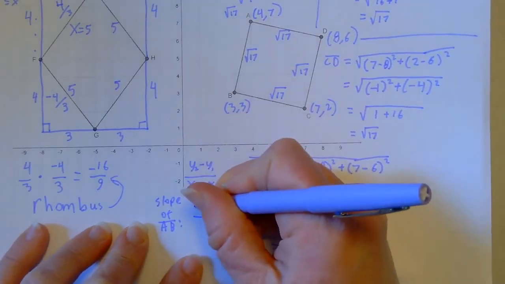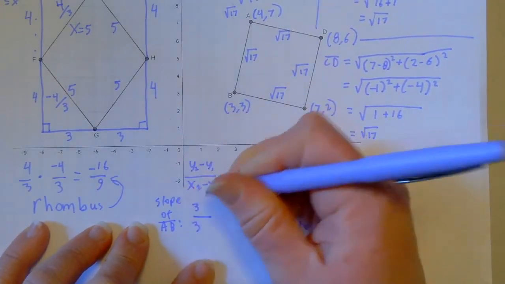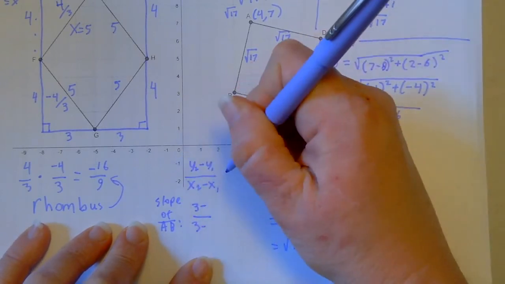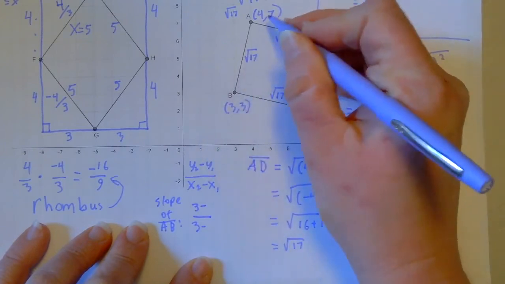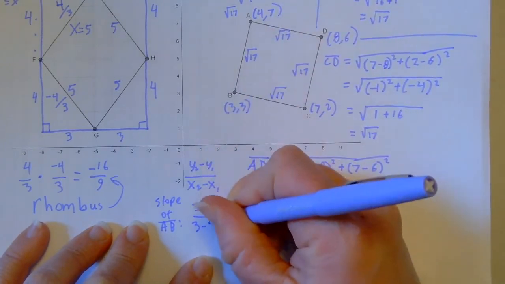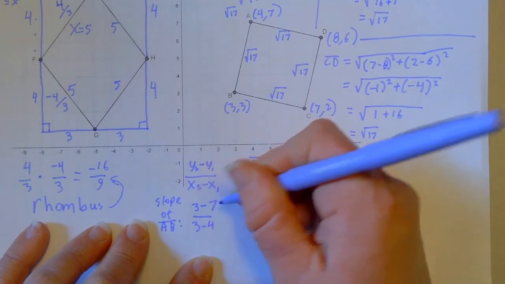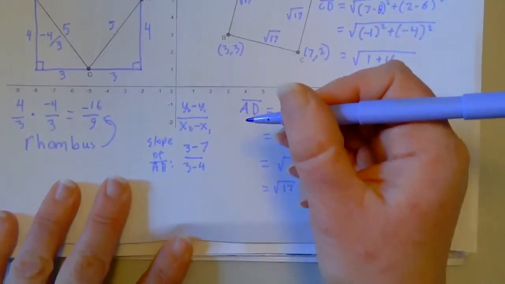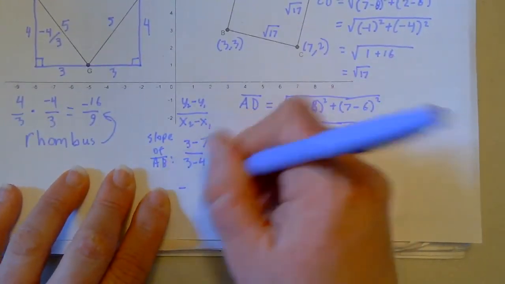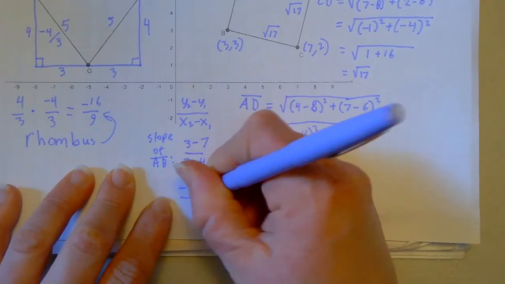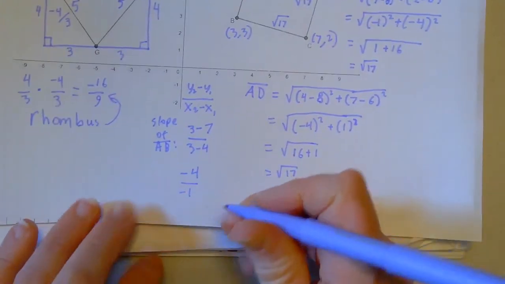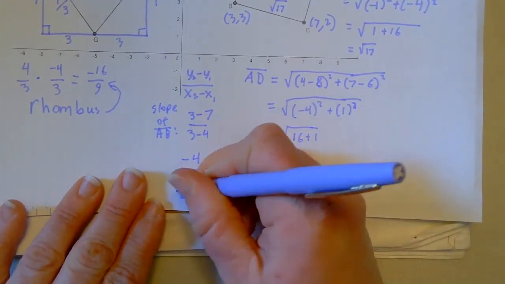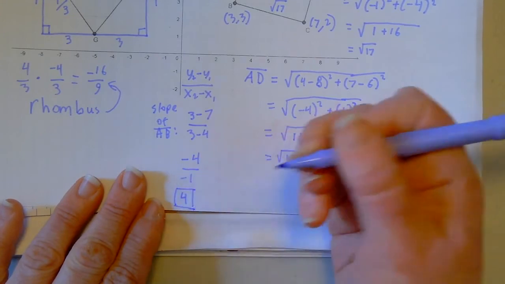So that's going to be 3 on the top, 3 on the bottom. And my y1 is 4 on the bottom and 7 on the top, because 7 is the y coordinate, 4 is the x coordinate. That simplifies to negative 4 over negative 1, which simplifies to positive 4. So the slope of AB is positive 4.